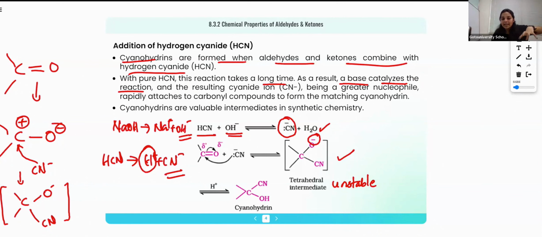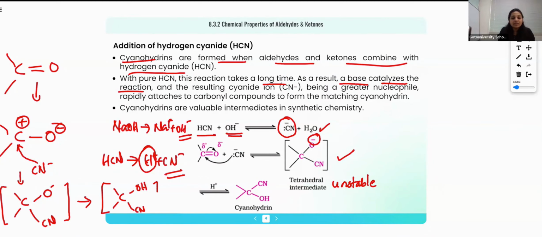This unstable tetrahedral intermediate will take an H plus ion from the medium. Why? Because the oxygen has a negative charge, right? So it has to take an H plus ion to get a stable form. They will take the H plus ion from the medium and this O minus will convert into an OH group. So it will be carbon, two groups, OH, CN.